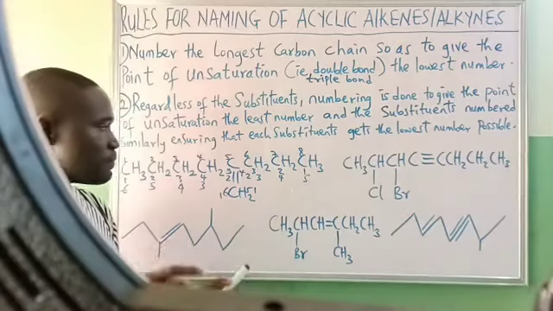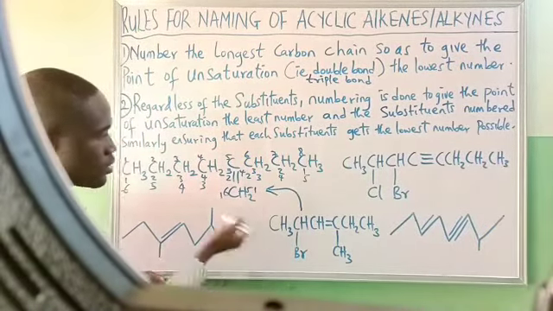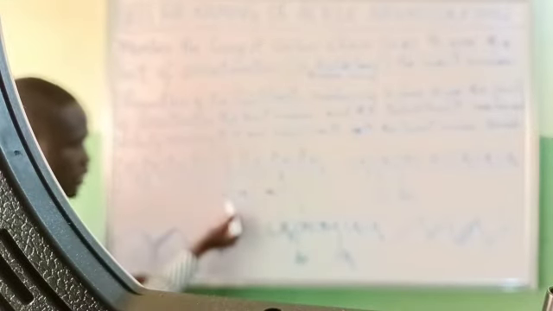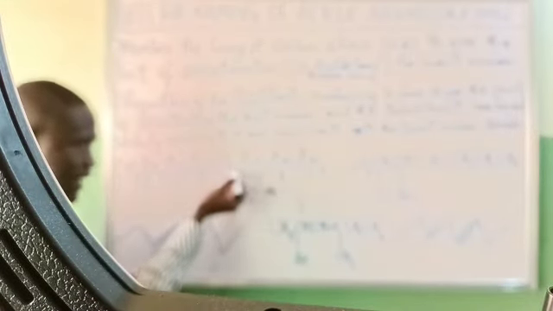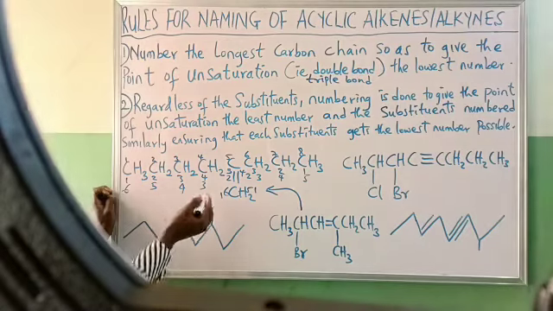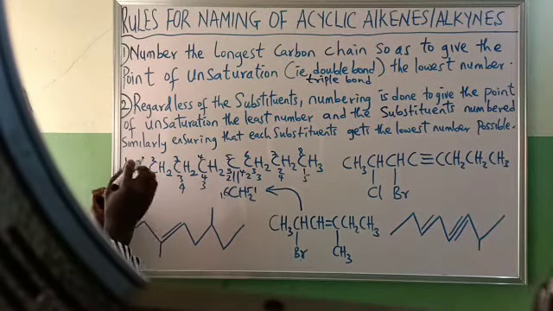You now see that the direction that will accommodate this double bond and give it a lower number is this direction, where you say this is 1, this is 2. So this one automatically carries this double bond. Since it is this direction, we say 1, 2, 3, 4, 5, 6.